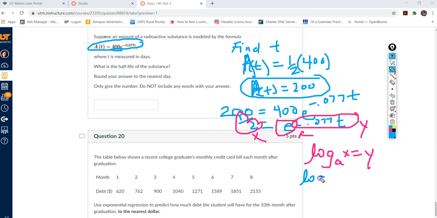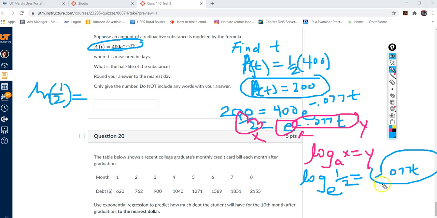So that'll give me that. So I have, I'll do it over here, ln of 1/2 is equal to this, and I need to solve that for T.